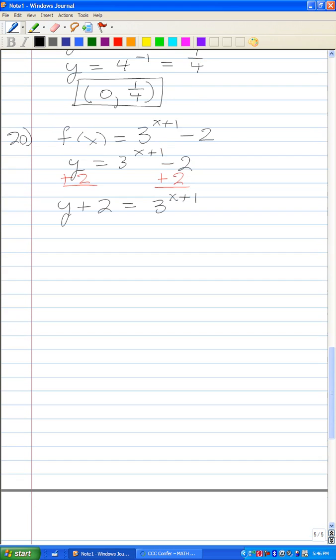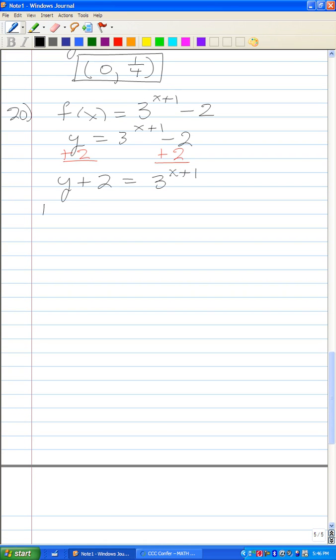And so I should translate the graph of y equals 3 to the x. In this case, it will be in the negative x direction by 1 unit, so to the left by 1. And I'll be adding 2 to the y, so I'll go in the negative y direction, so down 2. So let's graph this.